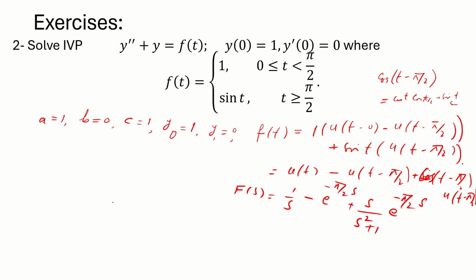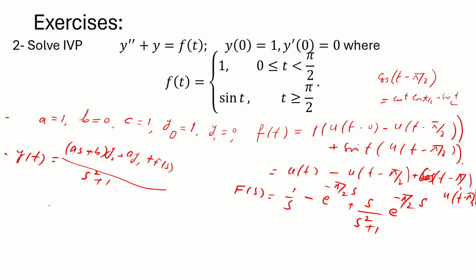So the left side is what? Now altogether y of s, by using the formula, is (a s plus b) into y naught plus a y1 plus f of s, divided by the characteristic equation, which is s square plus 1 in this case.